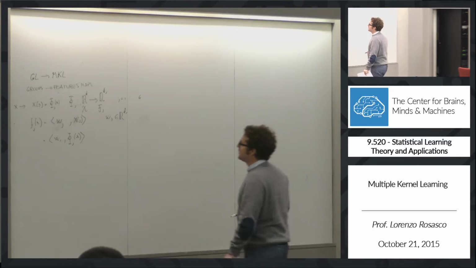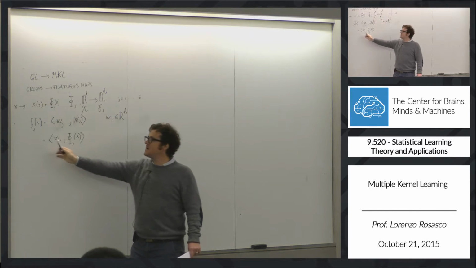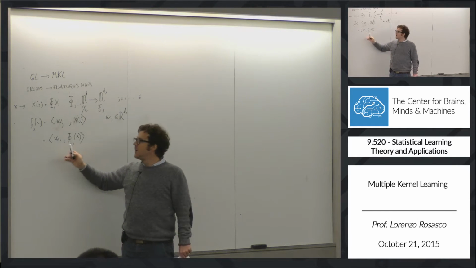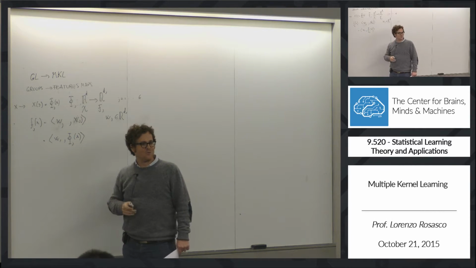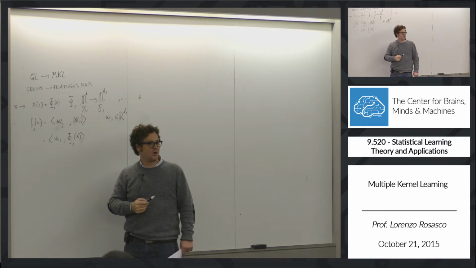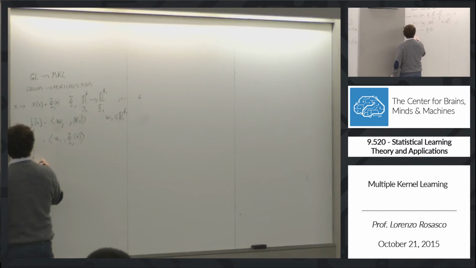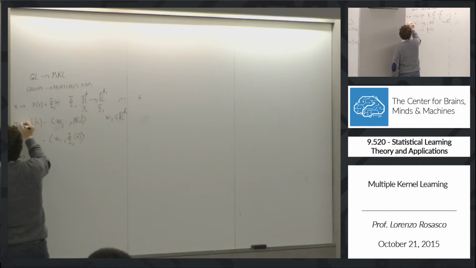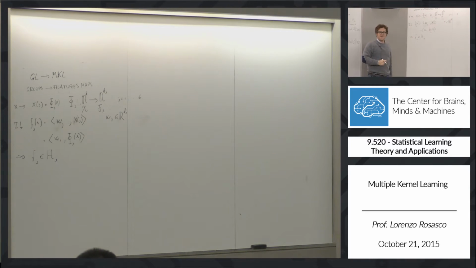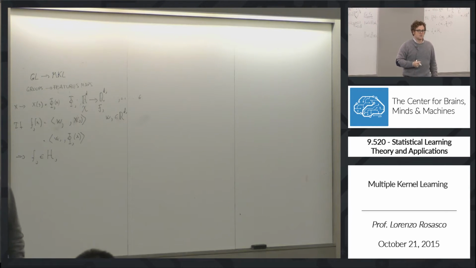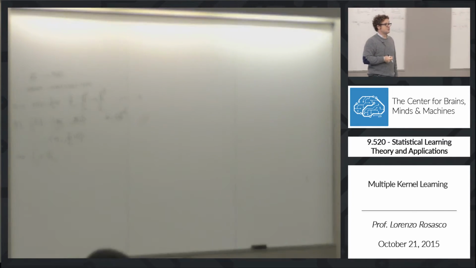But if you remember from the theory of reproducing kernel Hilbert spaces, if this is a feature map and I define a function this way, I can tell you that it belongs to a reproducing kernel Hilbert space, and you can tell me what's the kernel. So if this is true, then f_j belongs to a reproducing kernel Hilbert space H_j. What is the kernel? If I give a feature map phi_j, how do you build the kernel associated to this feature map?